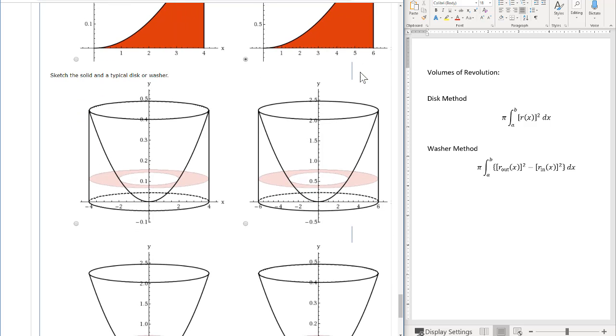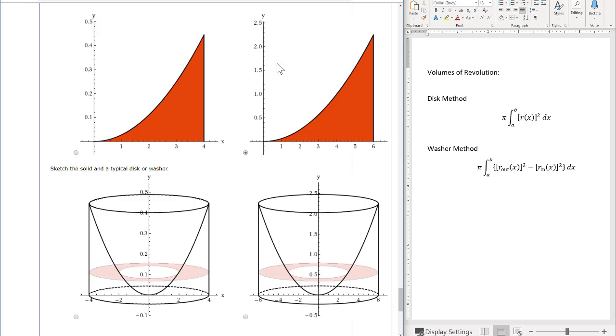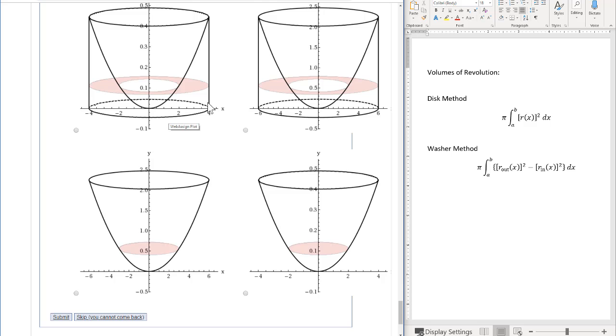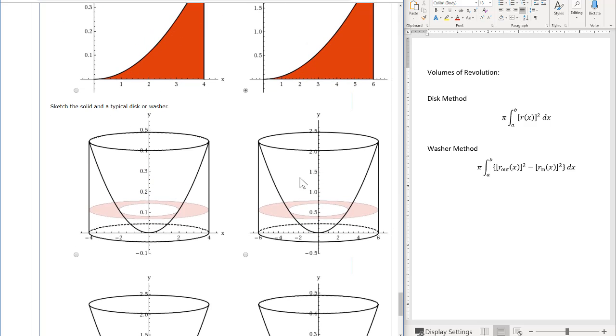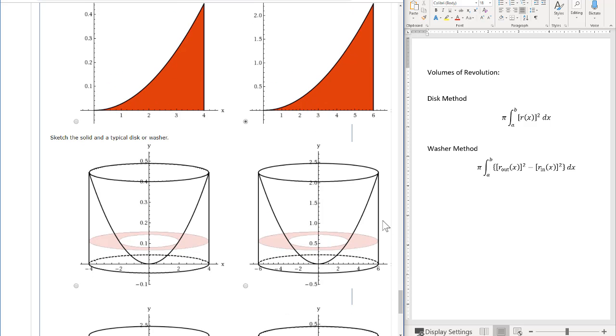Now if we take a look at this being spun around the y-axis, the outside is going to form a cylinder. So it's going to look like one of these first two options here. It looks like this option or this option. And we have x is equal to 6 as our bound, so we have to go all the way to 6 out here.